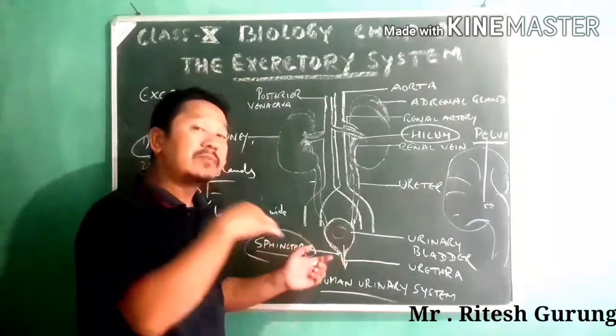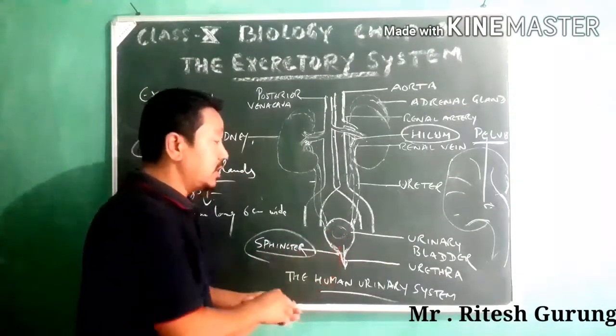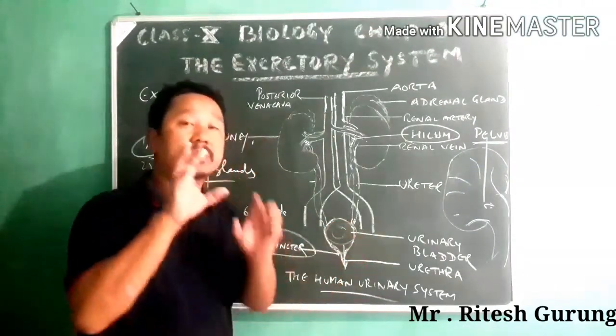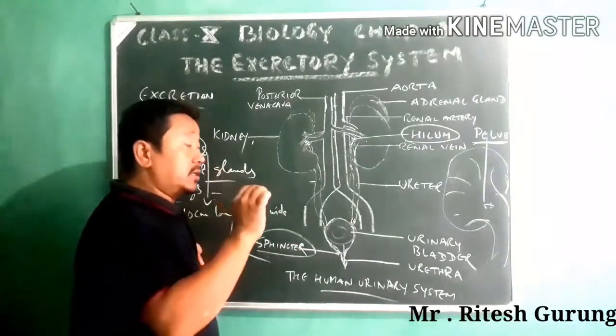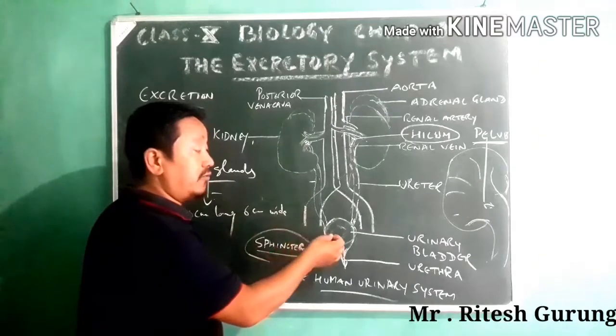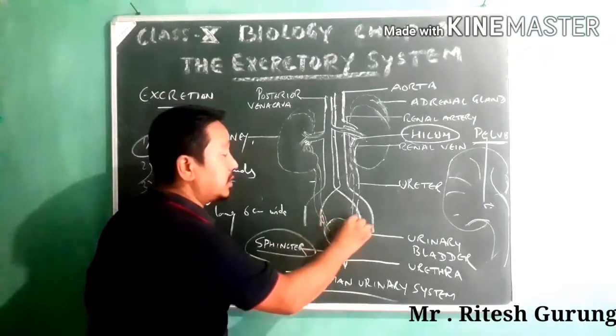When it has to pass out the urine, the urinary bladder contracts. At that time there is a chance of the urine flowing back into the ureter.